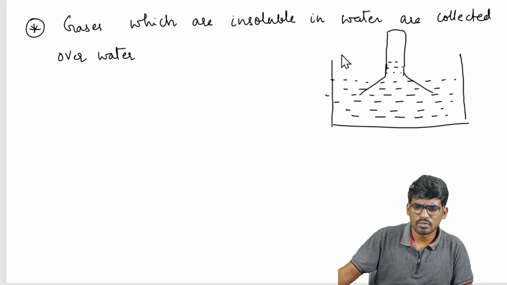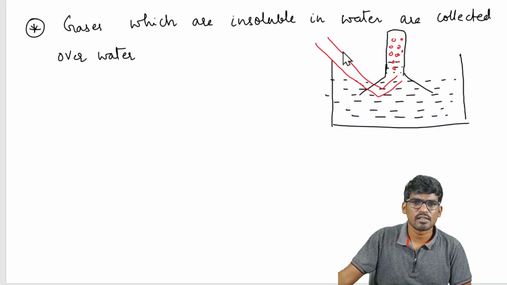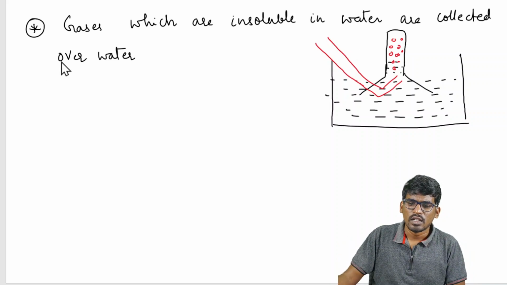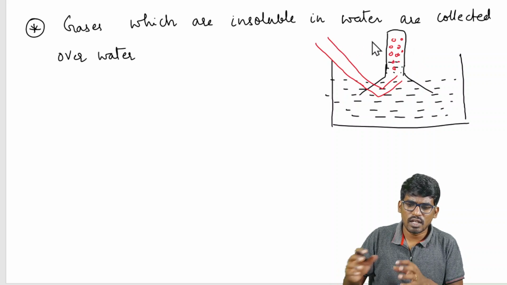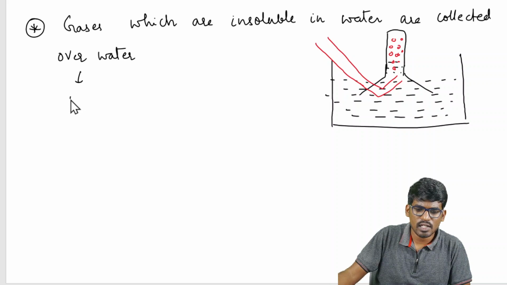Now through another apparatus or another experiment, you have synthesized a gas which has been released into the water like this. The red color is indicating the gas, and we are going to collect that gas over the water. In that case, the gas which we collect over water is to be taken as the pressure of the moist gas.